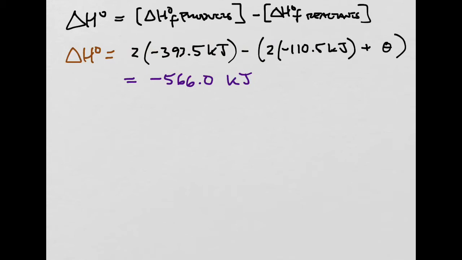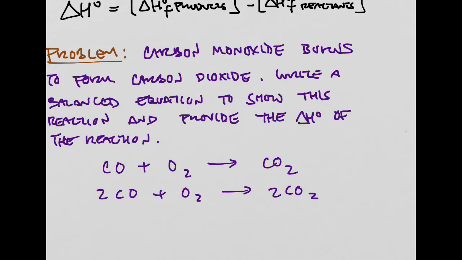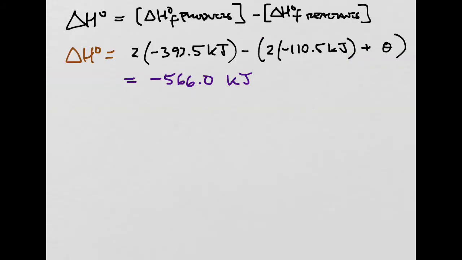If I do the same thing with my reactants, I have carbon monoxide and oxygen. If you look up carbon monoxide on the table of standard enthalpies of formation, you would find a value of negative 110.5 kilojoules. But since I have 2 of them, it's essential that I have the 2 here in front of the parentheses.